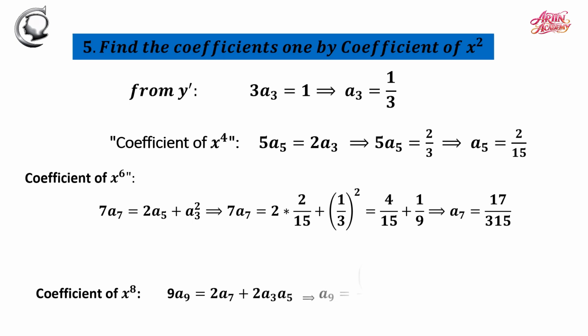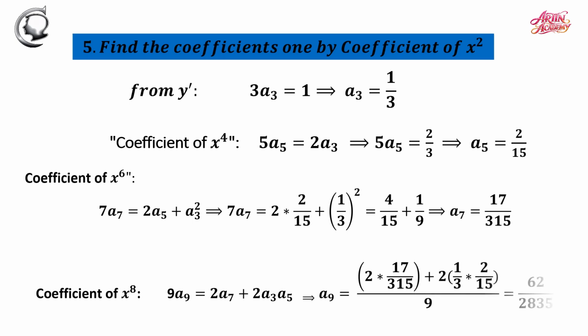Now compare the coefficients of x to the eighth. 9a sub 9 equals 2a sub 7 plus 2a sub 3 a sub 5. Substitute the known coefficients. 9a sub 9 equals 2 times 17 over 315 plus 2 times 1/3 times 2/15.